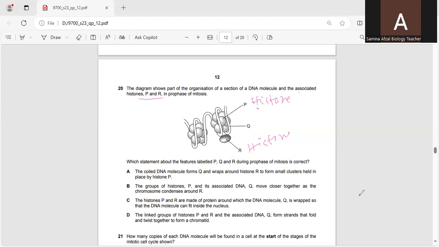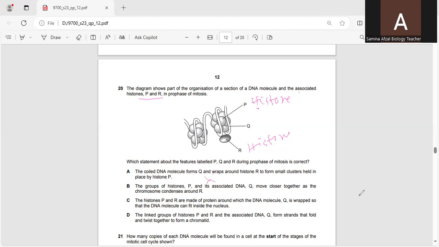So which statement about the features labeled P, Q and R during the prophase of mitosis is correct? Here you can see: the coiled DNA molecule forms Q and wraps around histone R to form small clusters held in place by the histone P.